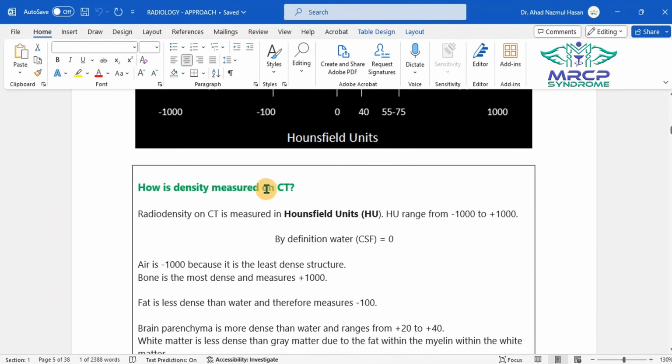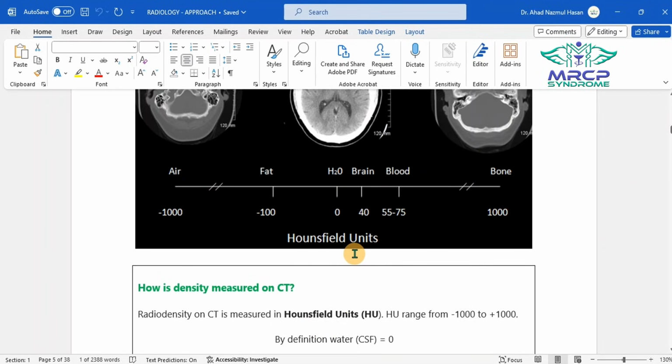So how is the density measured in the CT scan? Radiodensity on CT is measured in Hounsfield units. The Hounsfield unit ranges from minus 1,000 to plus 1,000. By definition, the water or CSF are at the central point, so they will appear as 0. This usually looks like isodense.